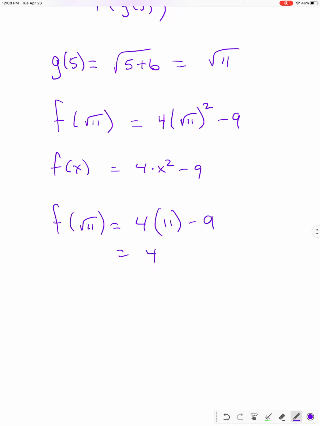So this is 44 minus 9, and 44 minus 9 is 35. And so the answer to part B is 35.